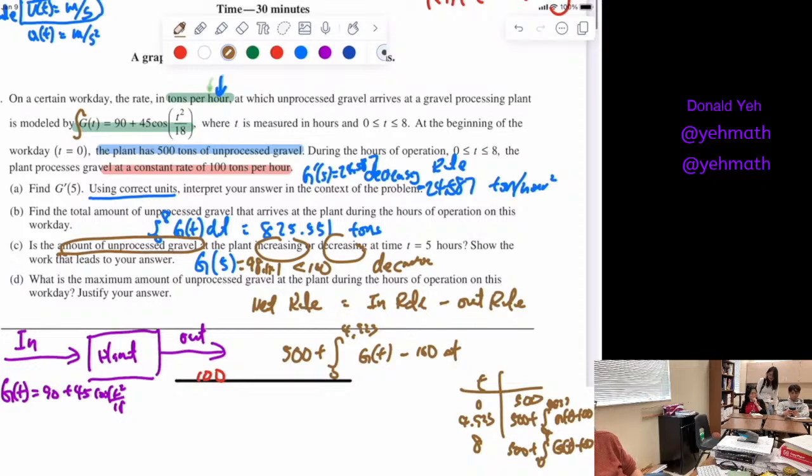So you have to do all three, and then you say absolute maximum. Does that make sense? Do you understand?